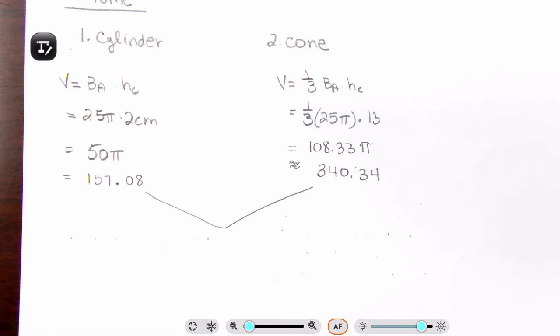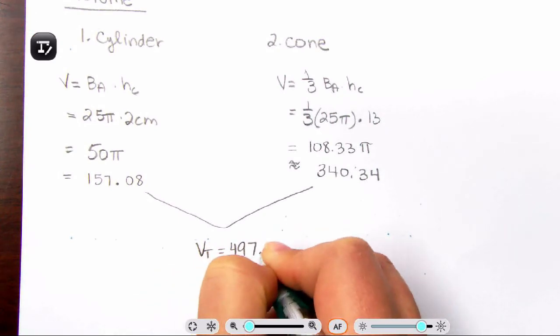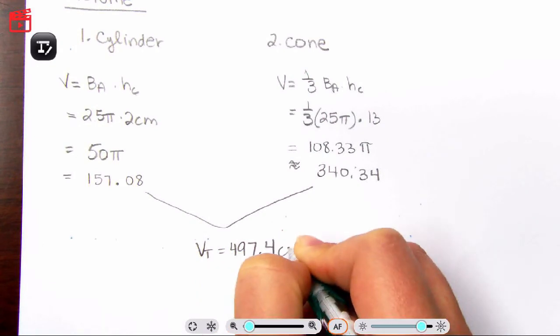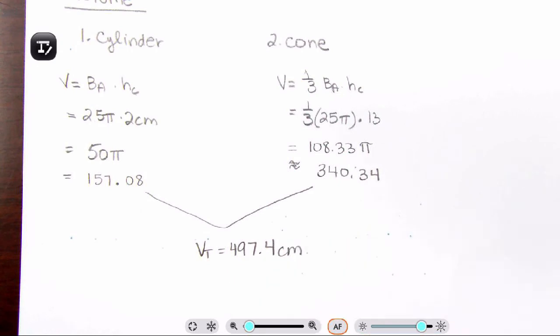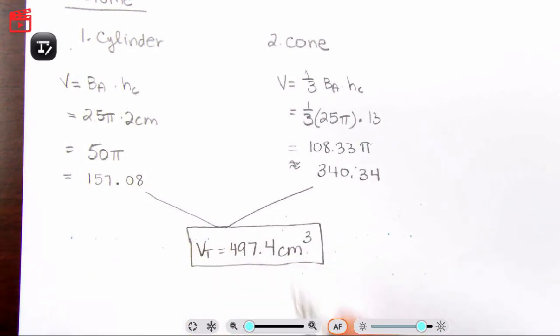So I have 157.08 plus my original 340.34, and that gives me a volume of 497.4 centimeters. Yes, centimeters cubed. What are you trying to find? Volume. Volume is always cubed. And that's it for the volume.